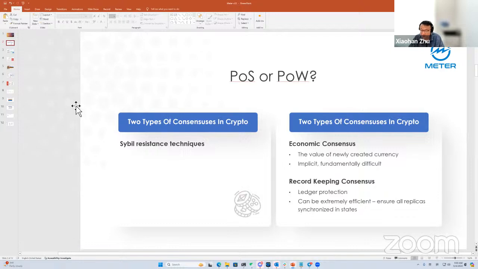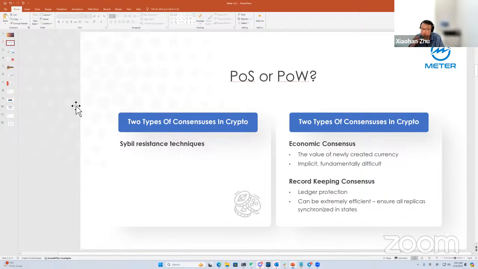And there's another type of consensus which is relatively straightforward. This is basically for protecting your ledger, protecting the account state of the blockchain. So what you need to focus on is just synchronizing the state machine across different computers in the network. This can be done very efficiently with the right algorithm.